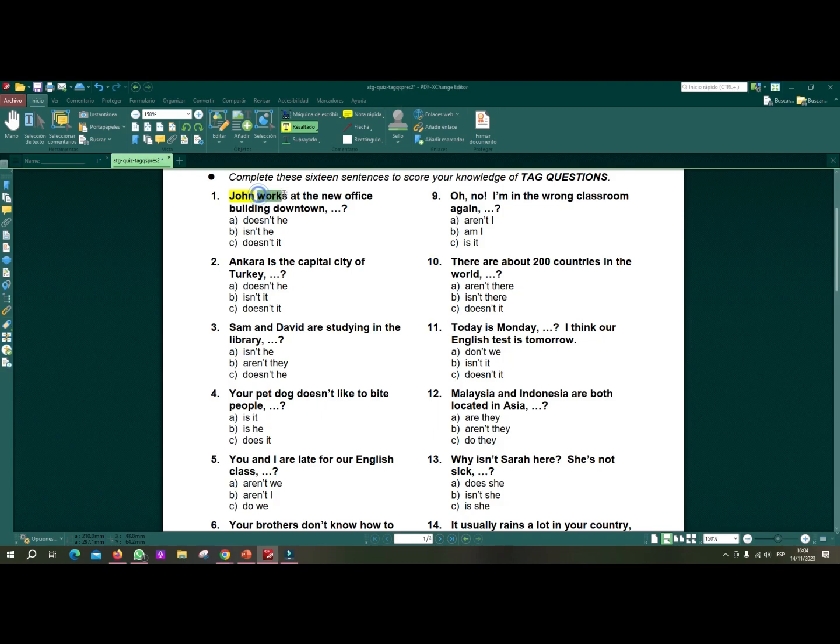And here you say works. Simple present. So you need doesn't he? That will be the answer, right? So John works at the new office building downtown. Doesn't he? Here you have an affirmative statement, so you're going to use a negative tag question, right?